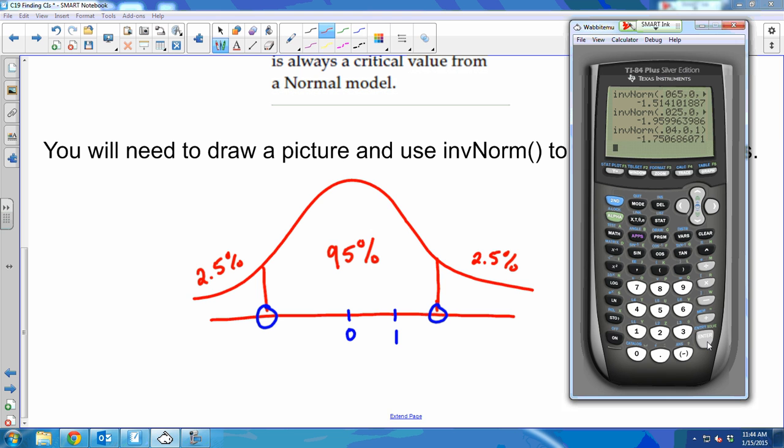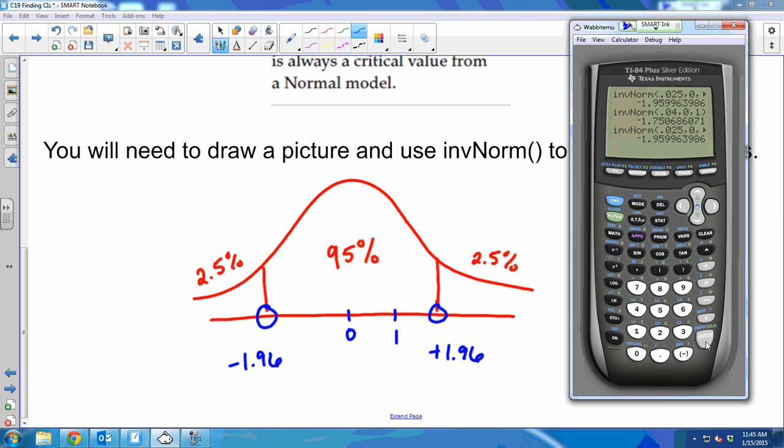So if I do that in the calculator, I get a critical value of negative 1.96. This would be positive 1.96, right?